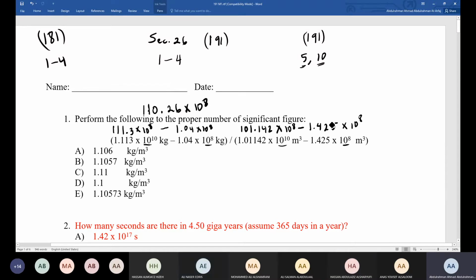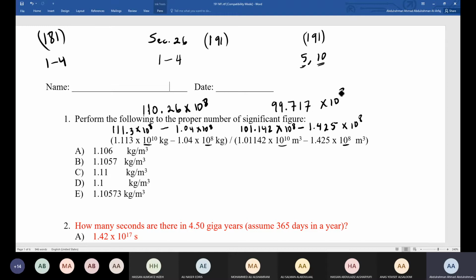Okay, same thing with the denominator. 0.717 times 10 to the power 8. Good. Next. Now, give me the answer.